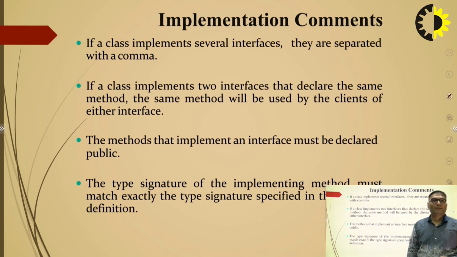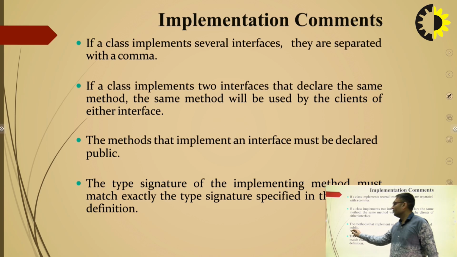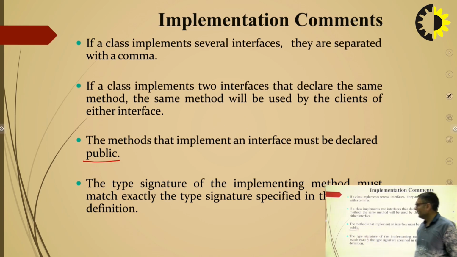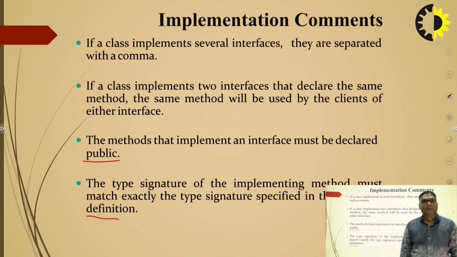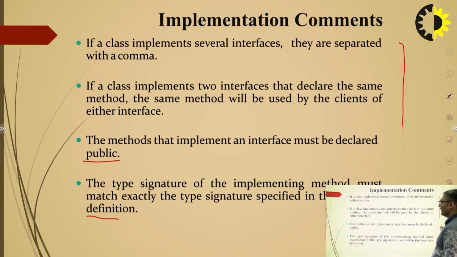The method that implements an interface must be declared as public. This point should be kept in mind all the time. The type signature of the implementing method must be exactly the type signature specified in the interface definition. So we will keep in mind these four points when we are writing interfaces.